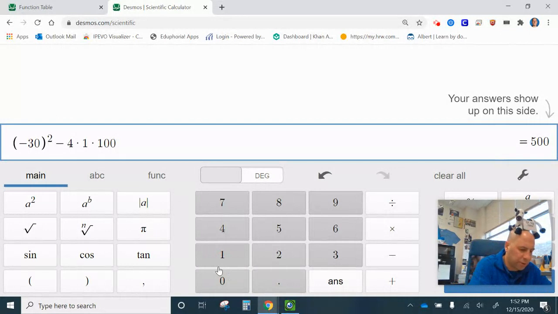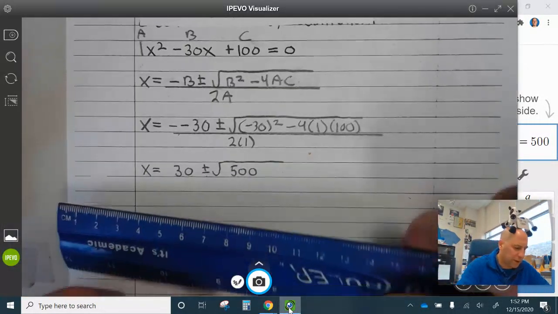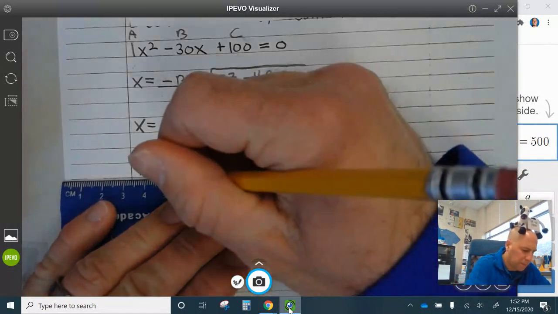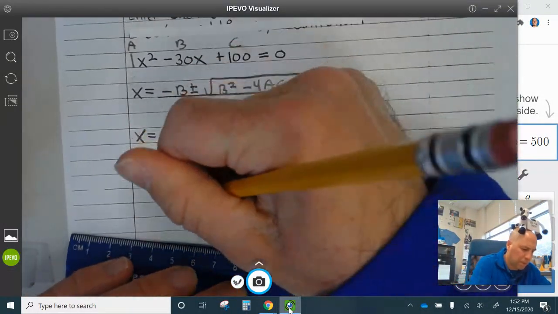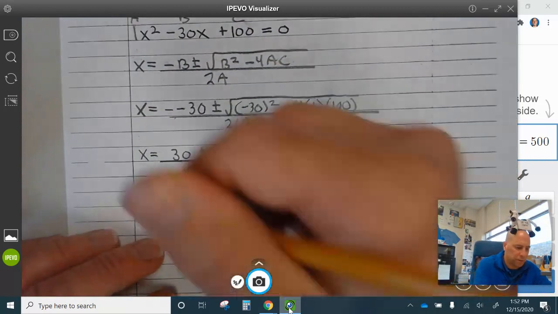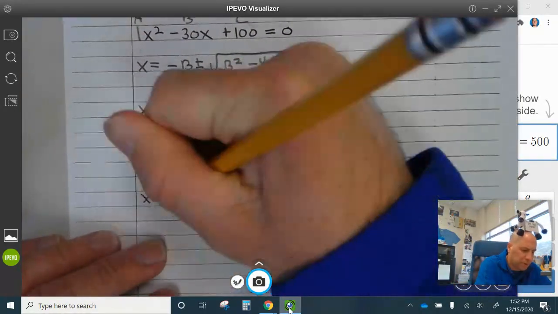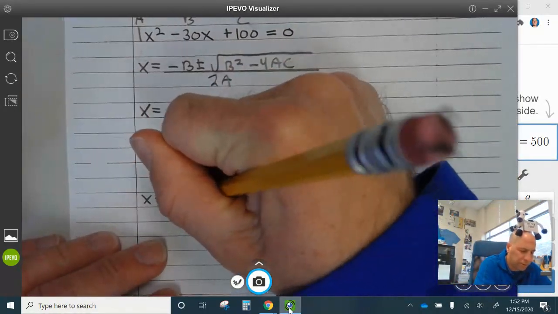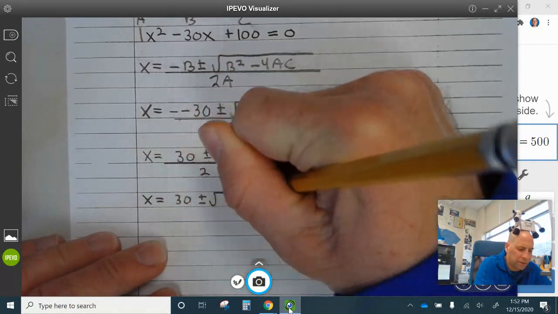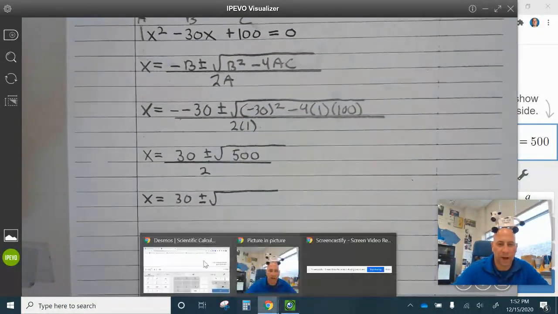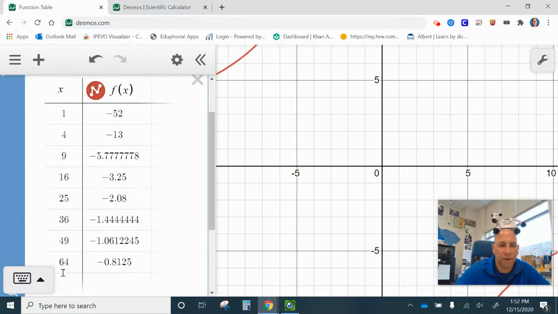So this is square root of 500 divided by 2. Okay, so x equals 30 plus or minus. We need to see if we can simplify the 500.